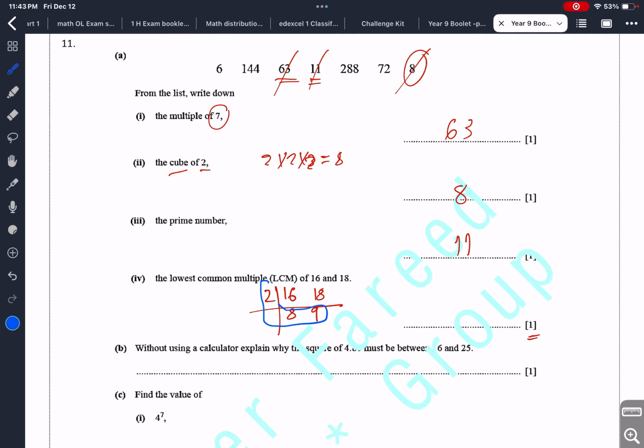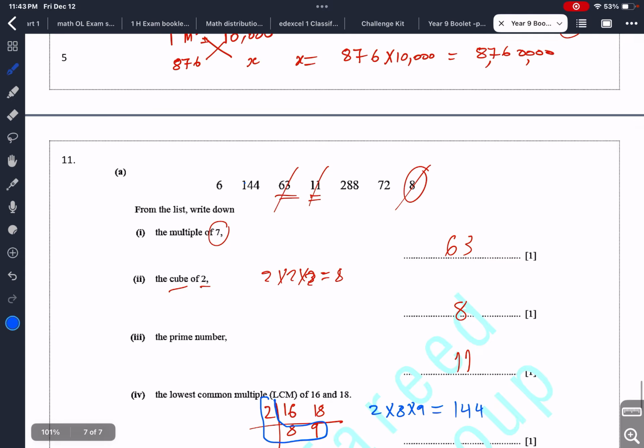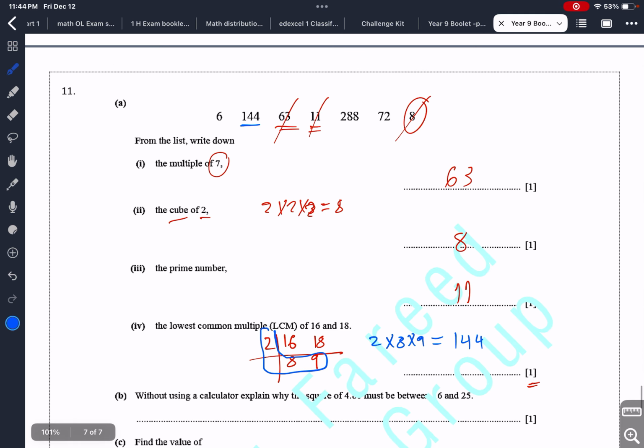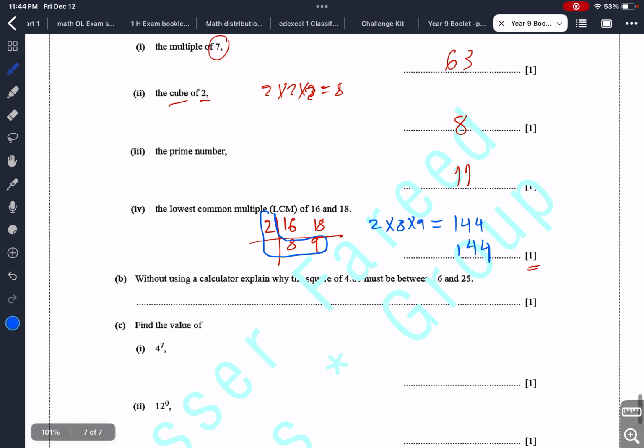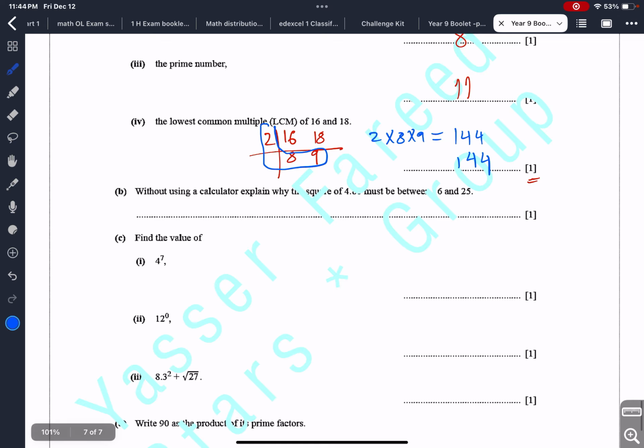So this is the L shape. I multiply 2 times 8 times 9, which is 144. So I choose 144 and write it in the right place. Always, guys, you need to write the answer in the right place because it counts. If you don't write your answer in the correct place, you're going to lose 1 mark.